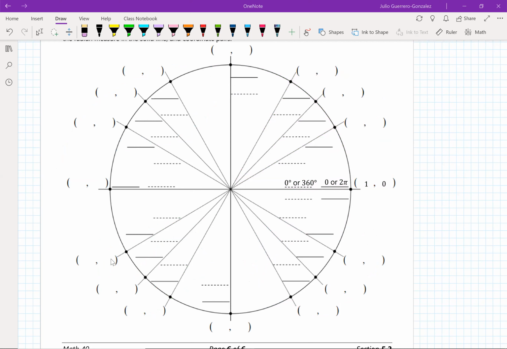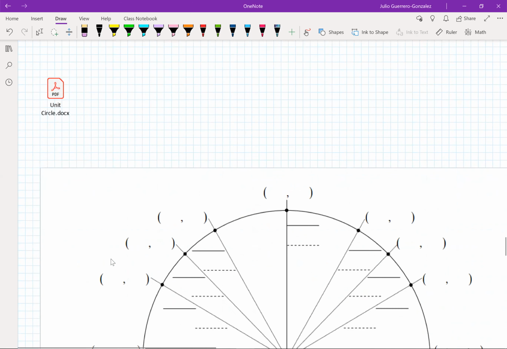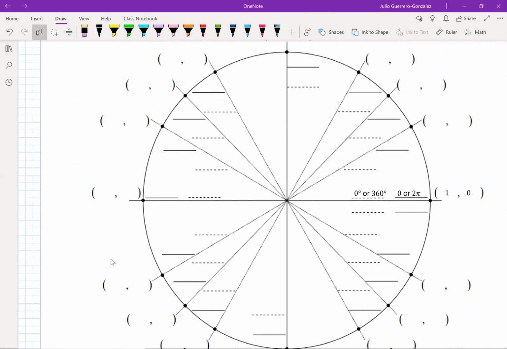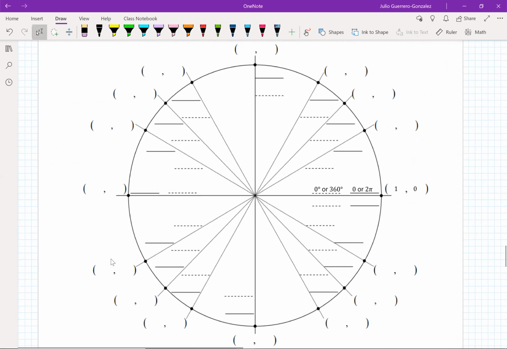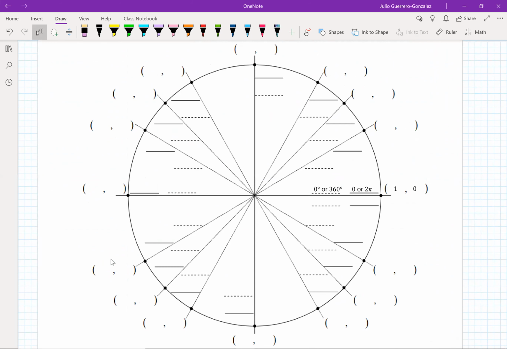What I want to give everybody, I'll put up on the Canvas page in a little bit. I give you guys a blank one, a big, huge blank one, just in case you need to see the numbers a little clearer, or you want to reference something that you made, which is perfectly fine.